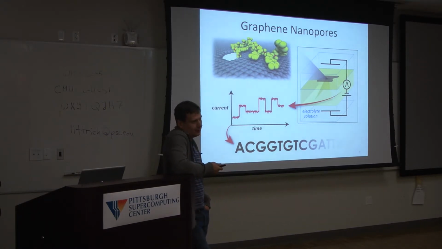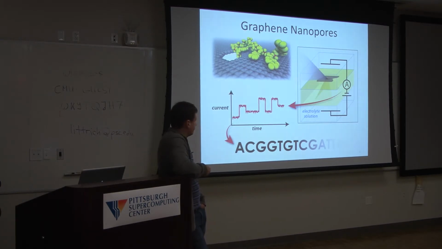And here we have several options. Option number one, we can just say, well, let's pass it through the pore and measure the ionic current, just like we've done with the biological enzyme. Option number two is to actually use the unique electronic properties of graphene to do something more clever.